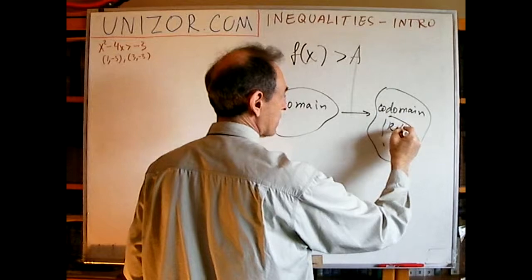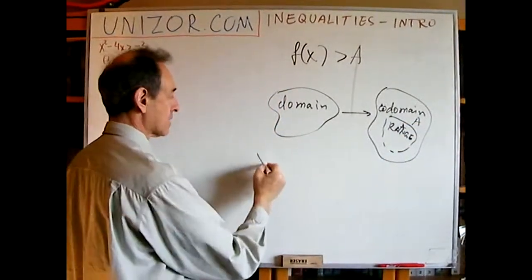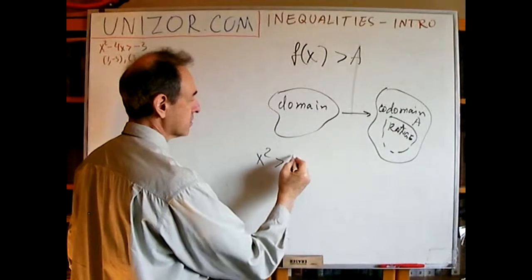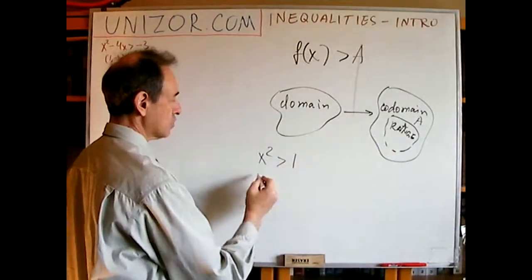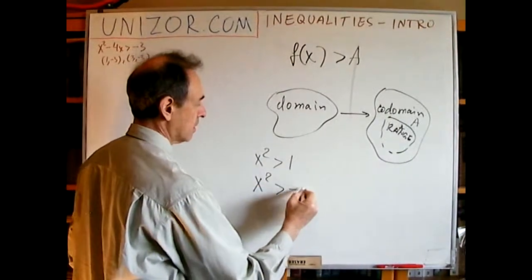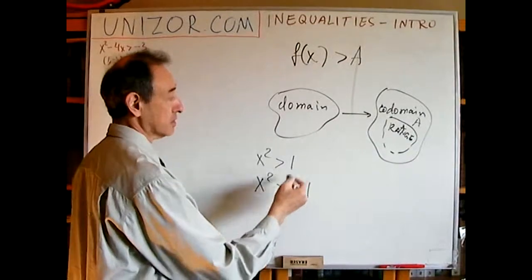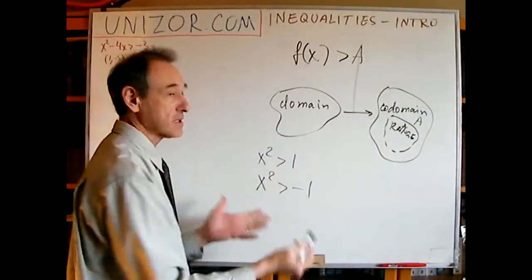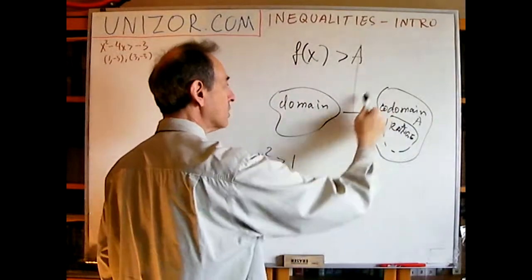It can be either inside the range or it can be outside of the range. Again, x squared, we can consider this particular inequality when 1 belongs to the range, or we can consider this particular inequality, minus 1, which actually doesn't belong to the range, but it still makes sense. So element a is supposed to belong to the codomain.